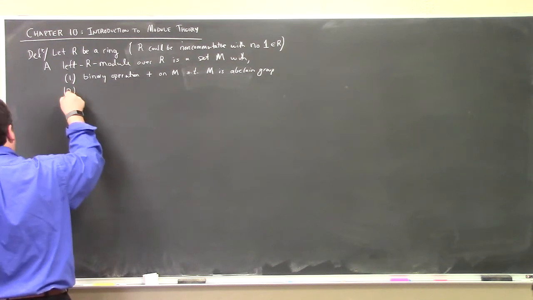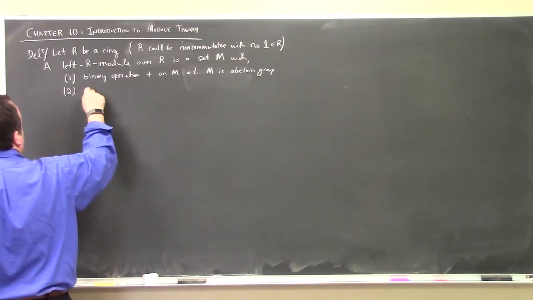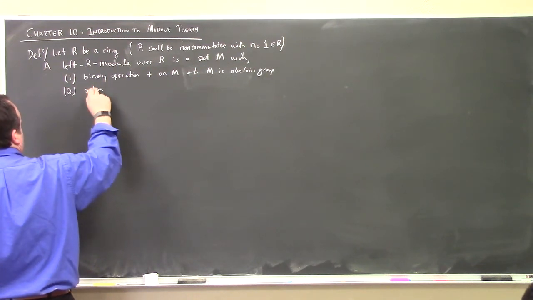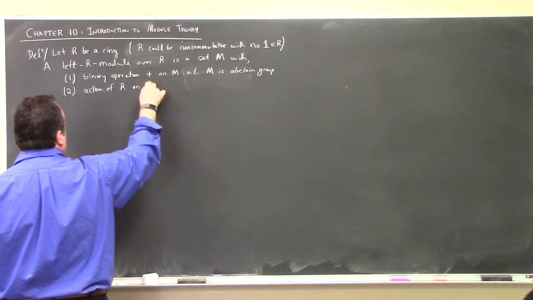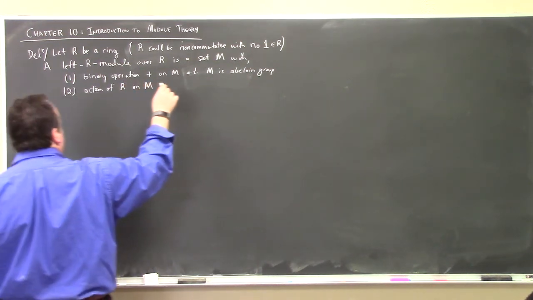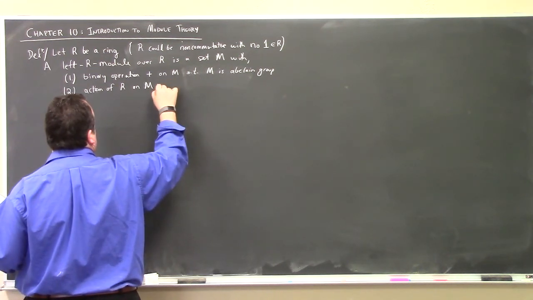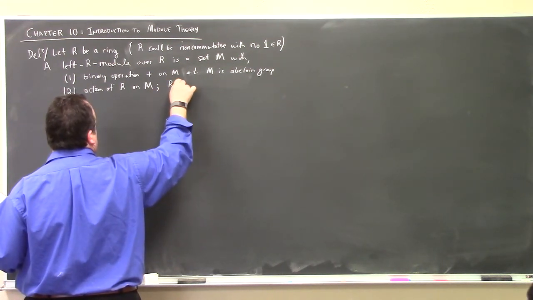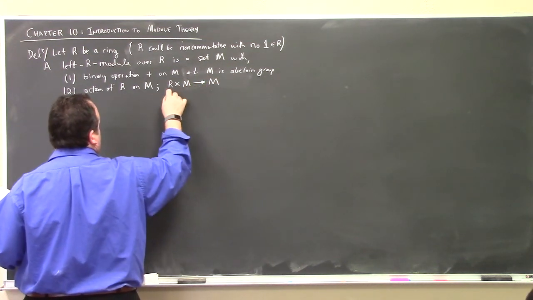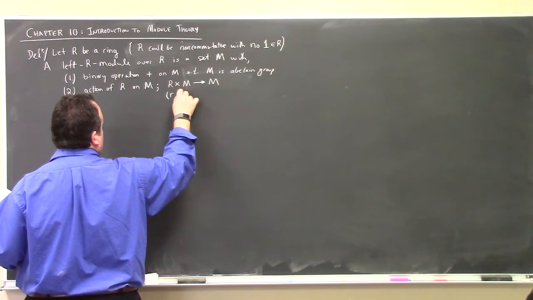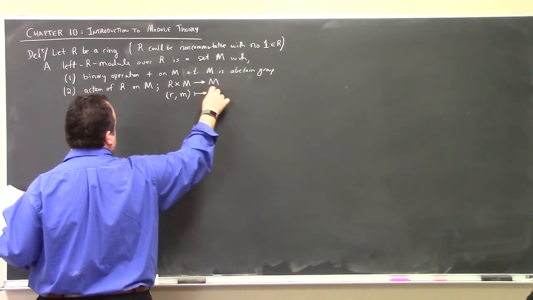2, there's an action of R on M. Right, so what we mean is it's a mapping from R cross M to M. In particular, the pair r comma little m maps to just rm.